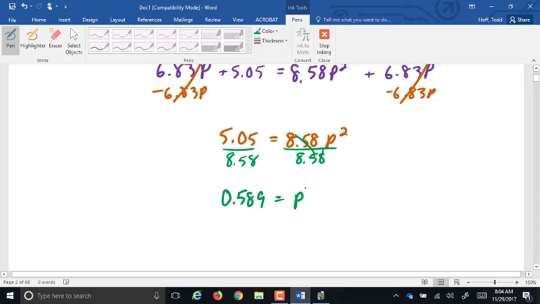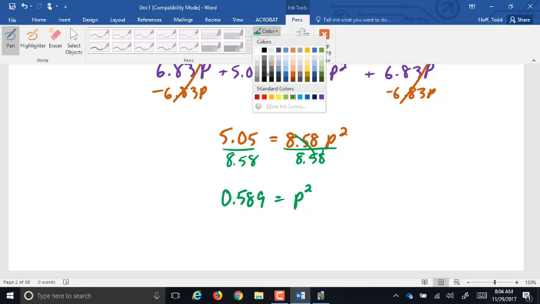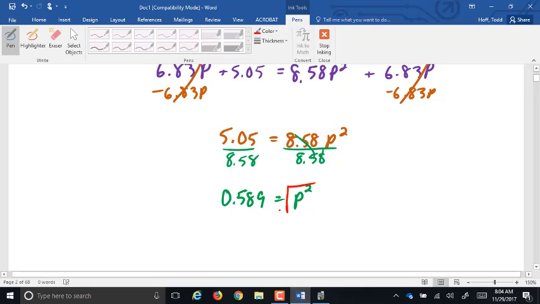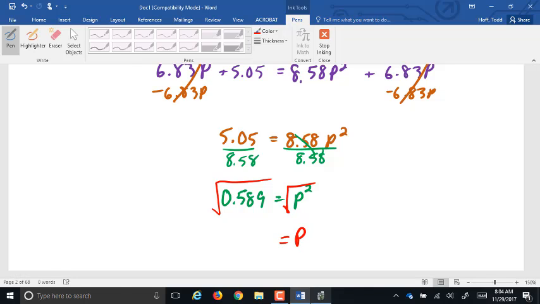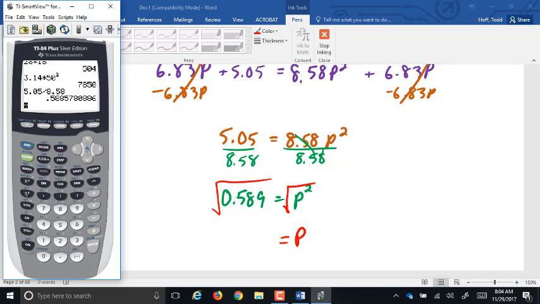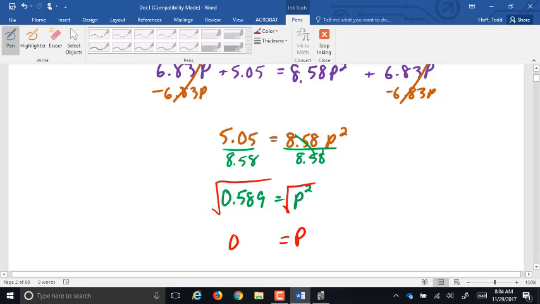Notice I left it in my calculator. I didn't clear it because now we're going to square root this. That's going to give us just p here. In my calculator, I'm going to do second square root, second answer. So just square root that previous answer. So 0.767 is p. What do you think? Good stuff?